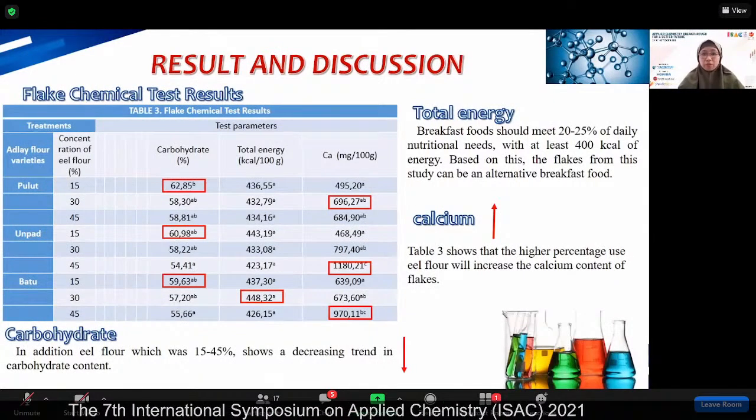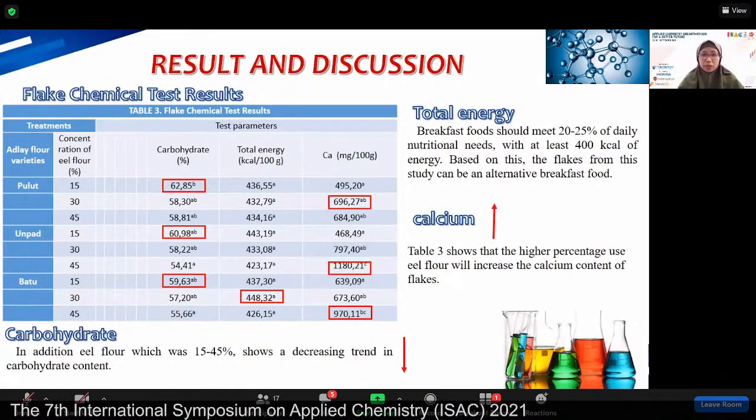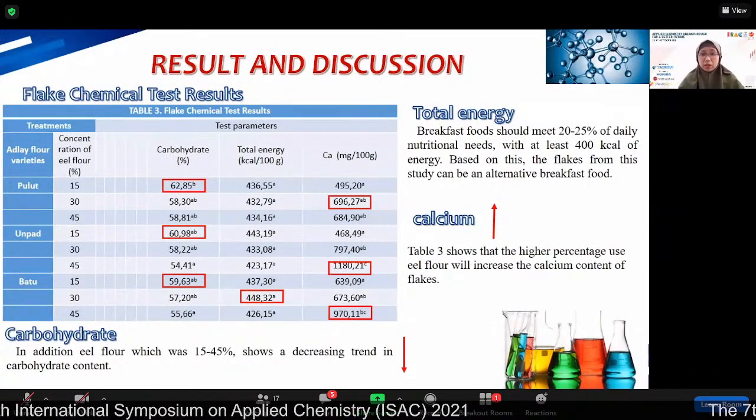Based on this, the flake from the study can be an alternative breakfast food. And calcium: Table 3 shows that the higher percentage of eel flour used will increase the calcium content of flake.